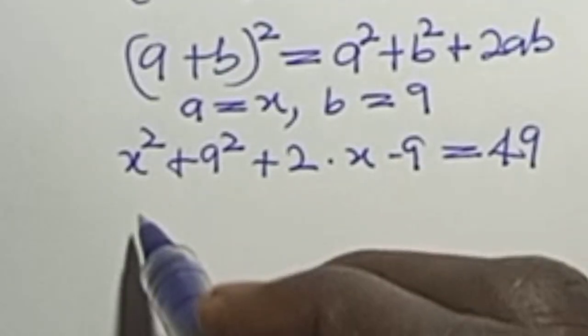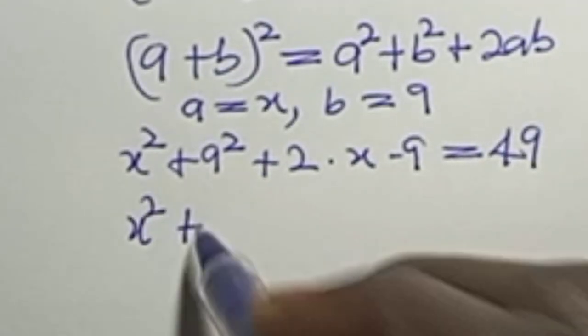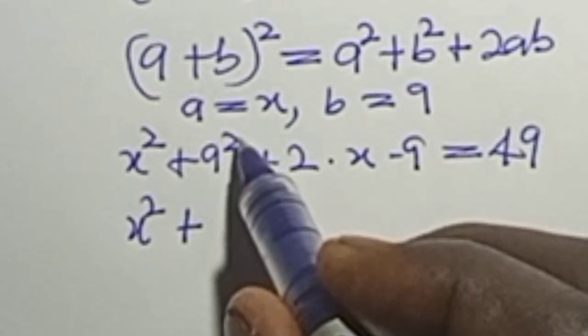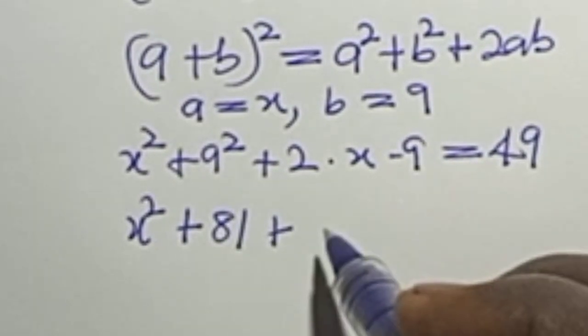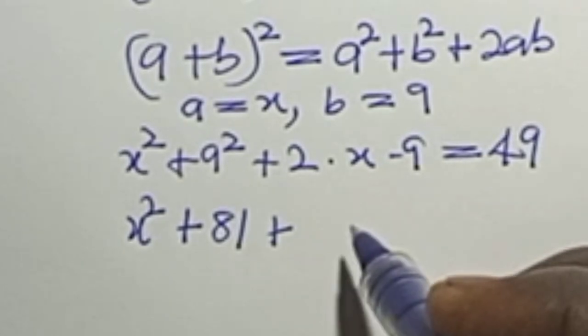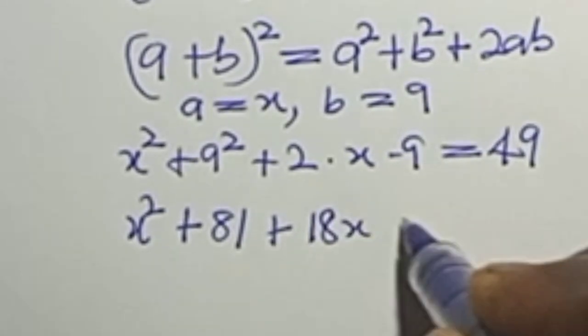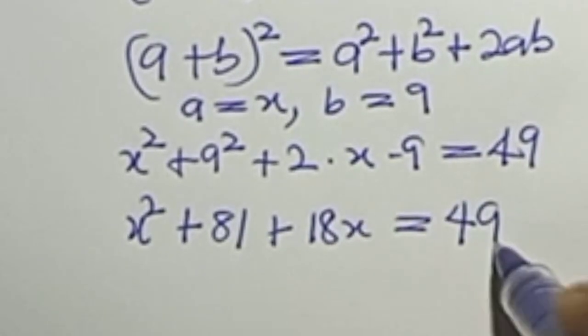And if we simplify further, we have x^2 plus 9^2, which is 81, plus 2 times 9 times x, that is 18x, and this is equal to 49.